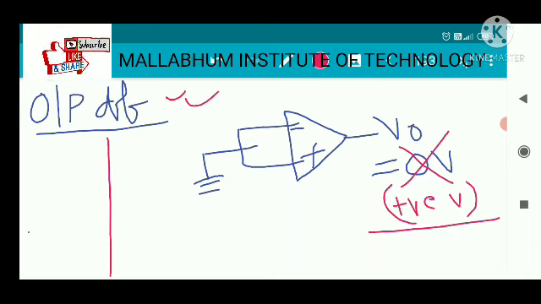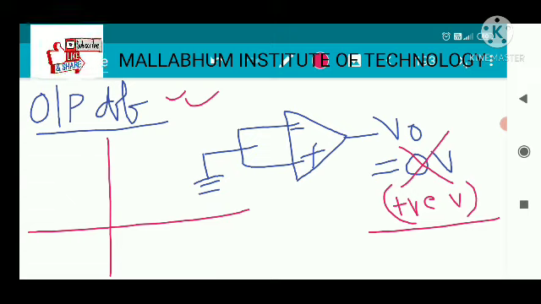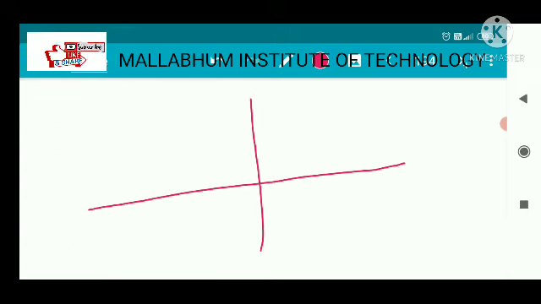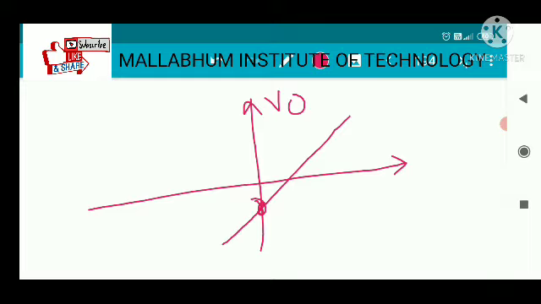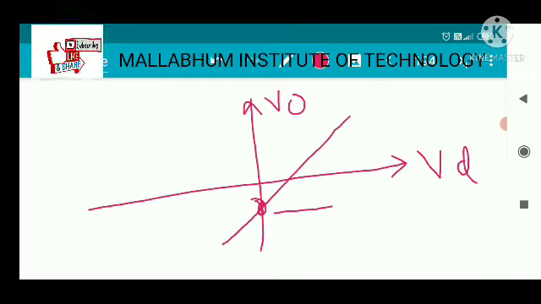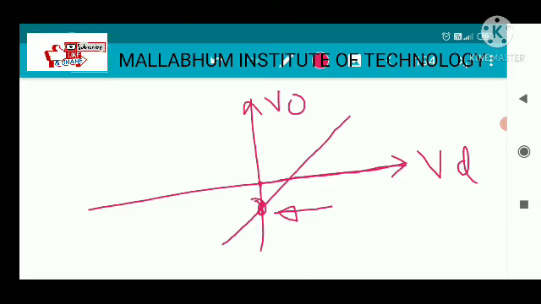Now graphically, how does it look? This is your V0, this is your Vd. You can see there is some amount of output voltage when the input axis is 0.